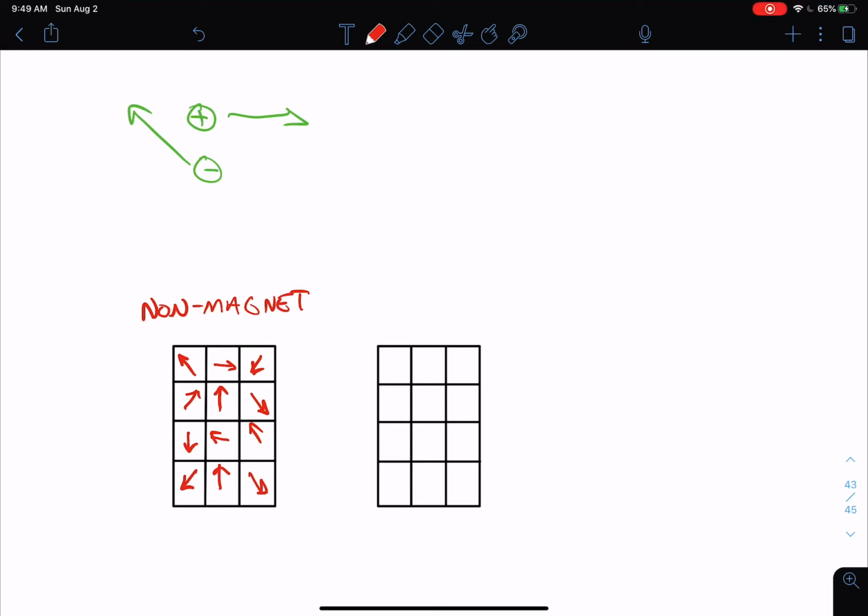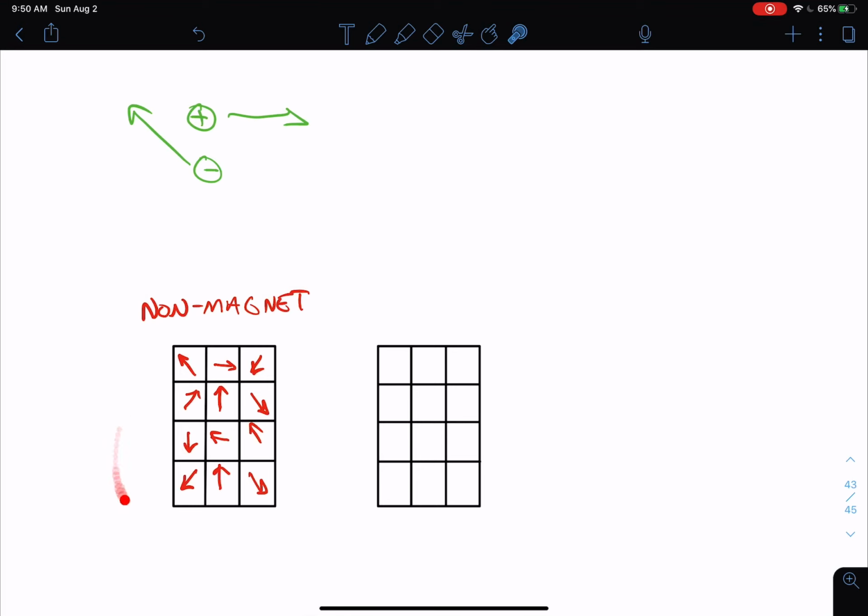Okay. Now, I've only drawn 12. Obviously, if we're talking about something that we would call a magnet, it's got quadrillions of atoms and molecules and such, if not more. But the idea is that the individual magnetic fields of each atom and molecule are randomly oriented, and so the overall net effect is that they cancel each other out.